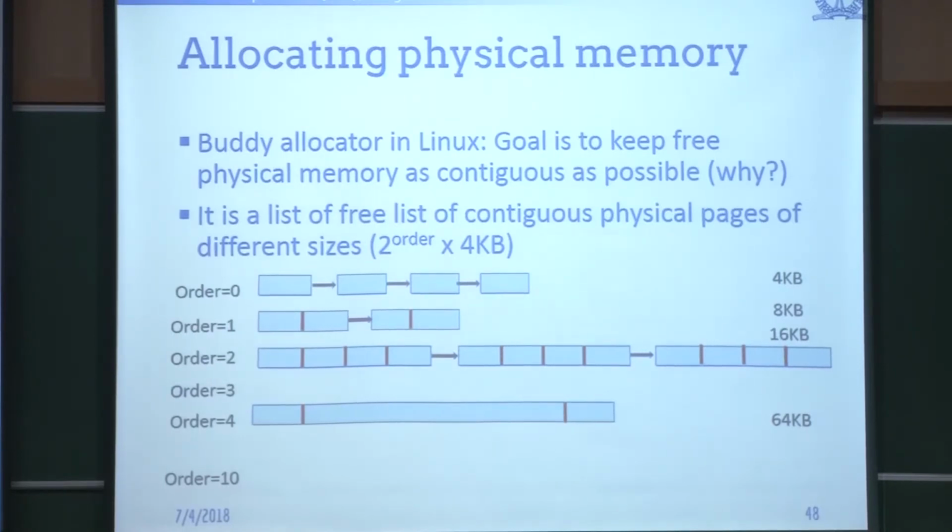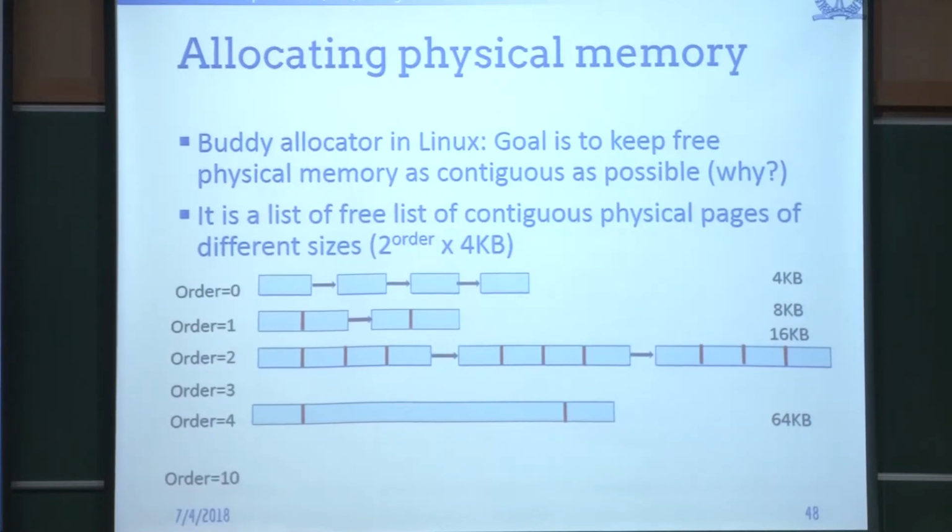So when there is order 1, what it actually means is there are 2 to the power 1 physical page frames which are contiguous for each of these nodes. If it is order 2, it means there are four of them. This is how it goes up to 4 megabytes.